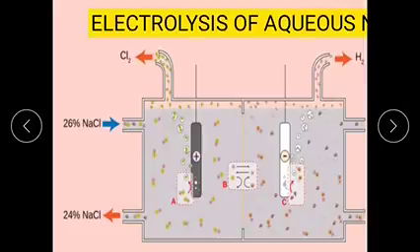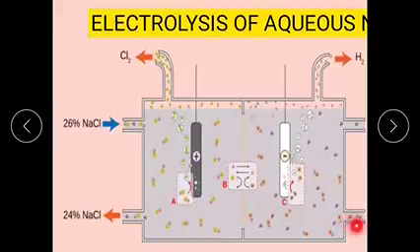When we supply the electricity, the aqueous NaCl solution splits into Na plus, Cl minus, H plus and OH minus ions. Na plus and OH minus combine to form sodium hydroxide.